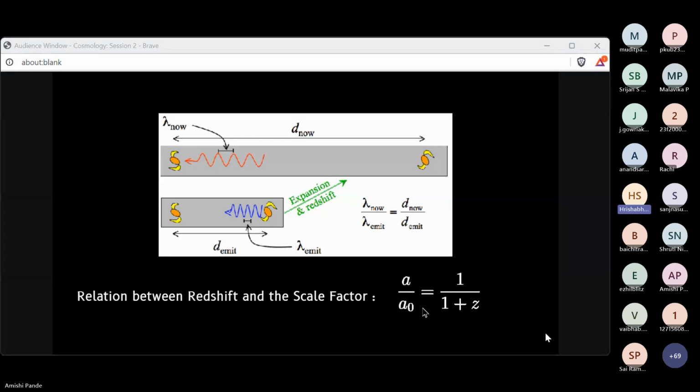And then what is the highest value that Z can take? It is infinity.